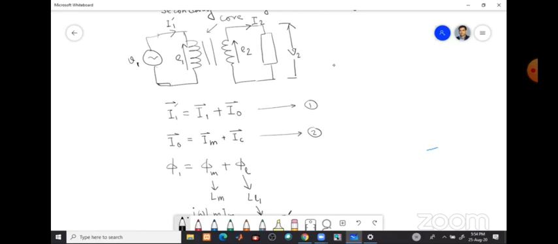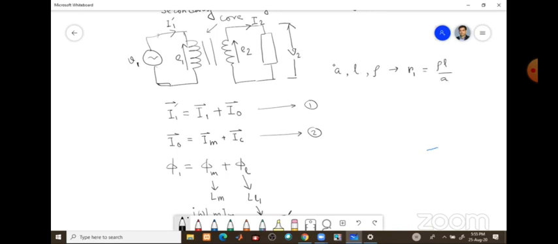And as you know, copper will also have some resistivity. Suppose when I stretch the coil to its full length, it has length L, the resistivity of copper is rho, and the cross-sectional area of the copper coil is A. So we can write the resistance of this primary coil as rho L by A.